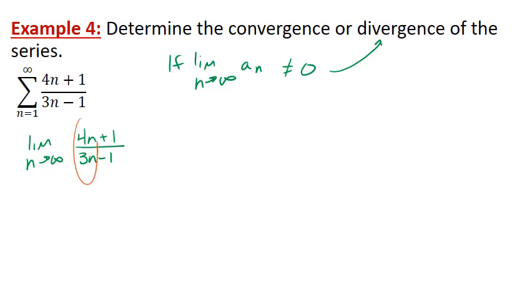What you can do is compare the degrees, and in this case, since the degree of the numerator is equal to the degree of the denominator, this limit is equal to 4/3, which is the ratio of the coefficients. This does not equal 0. Since 4/3 does not equal 0, this is said to diverge by theorem 9.9.